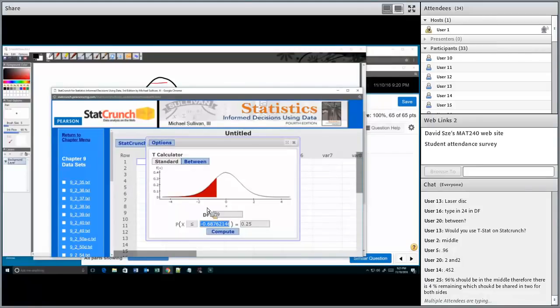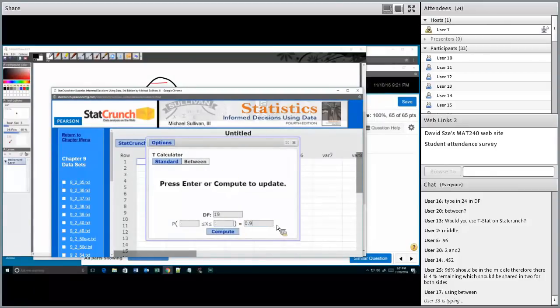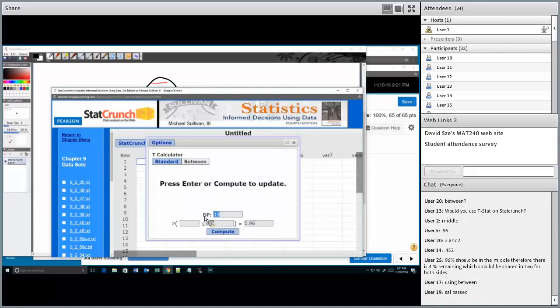Conrad, that's very good. Yep, that is exactly correct. So how can we do this problem? Use between. Very good, Sal. I'm going to use between. And so the area in the center is 96. So I'm going to type 0.96. And what about the degrees of freedom?